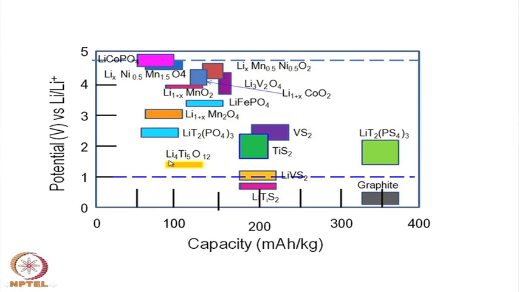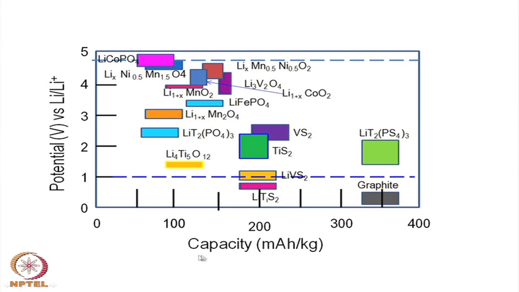So, this is another interesting direction in which the research is going on. It started with graphite and lithium cobaltite. Now, we are talking about different couples, different systems: different cathode, different anode and another cathode.